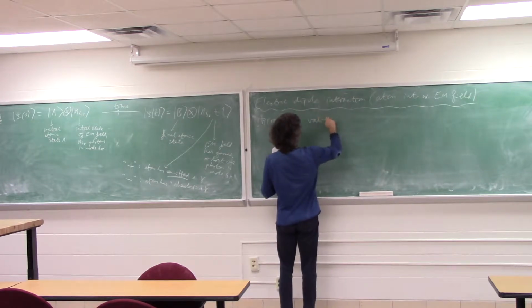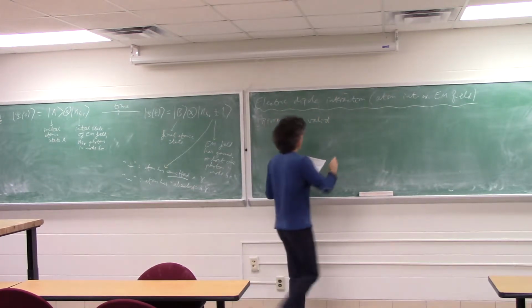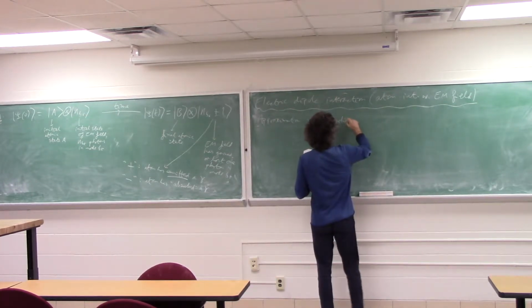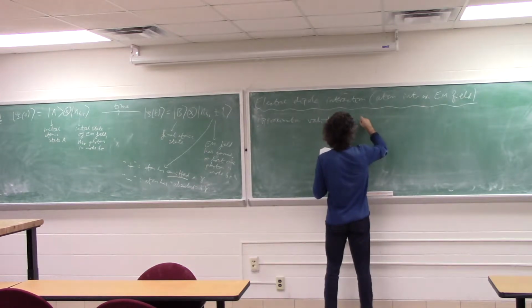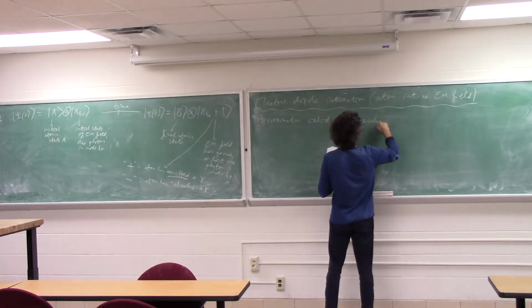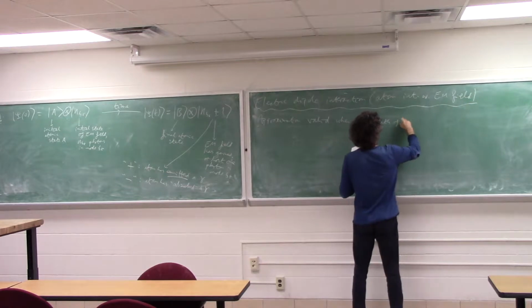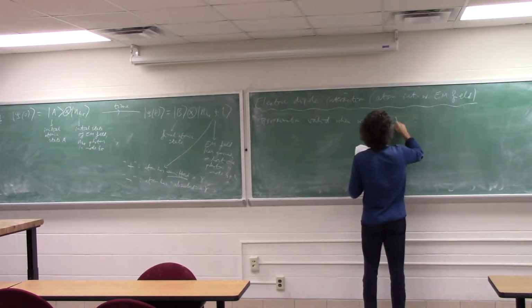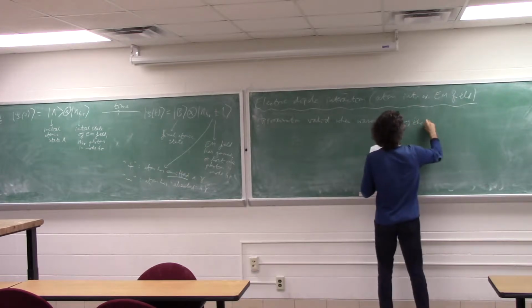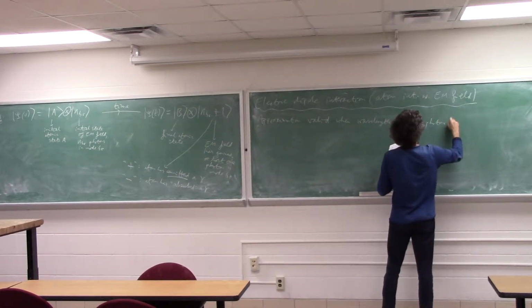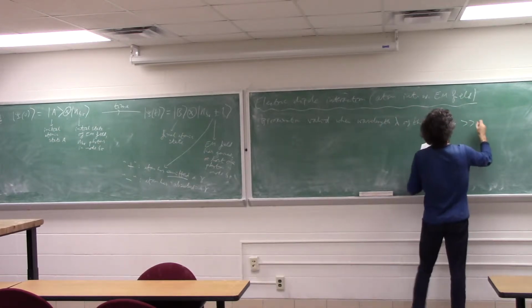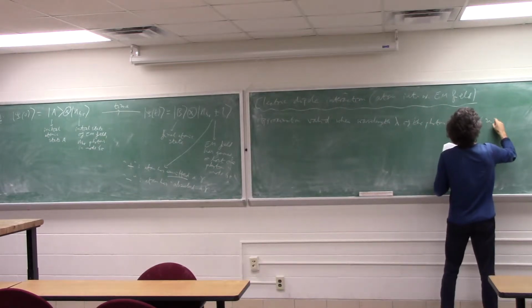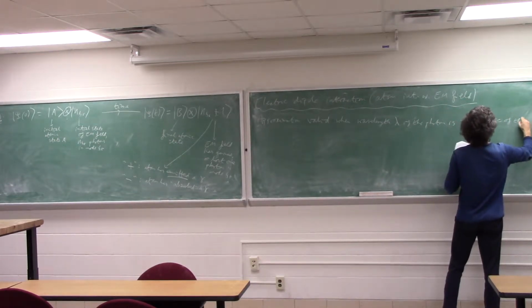But it is also a very good approximation. The electric dipole interaction is valid when the wavelength lambda of the photon is much bigger than the size of the atom.